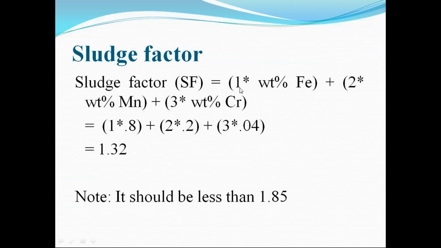Sludge factor equals 1 multiplied by weight percentage of iron, plus 2 multiplied by weight percentage of manganese, plus 3 multiplied by weight percentage of chromium. For the material used in this analysis, the sludge factor is 1.32, and it should always be less than 1.85.